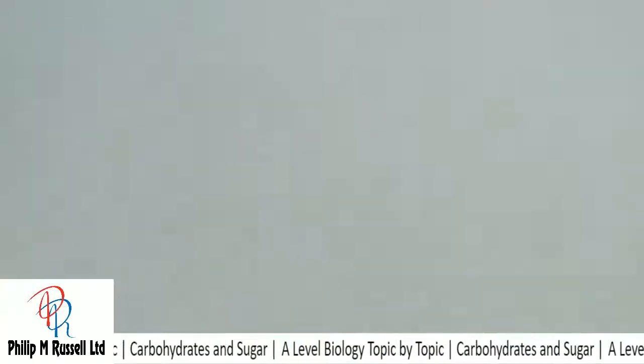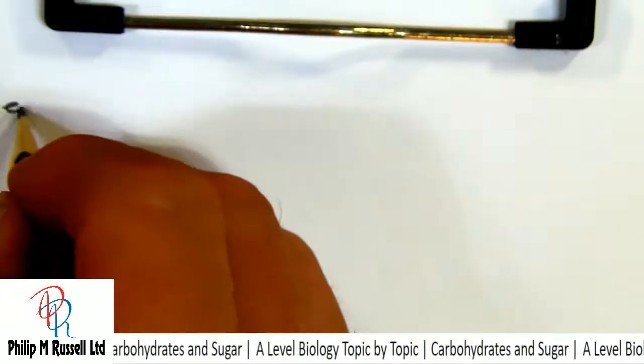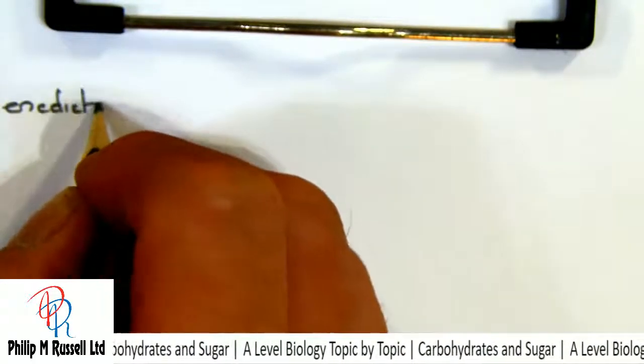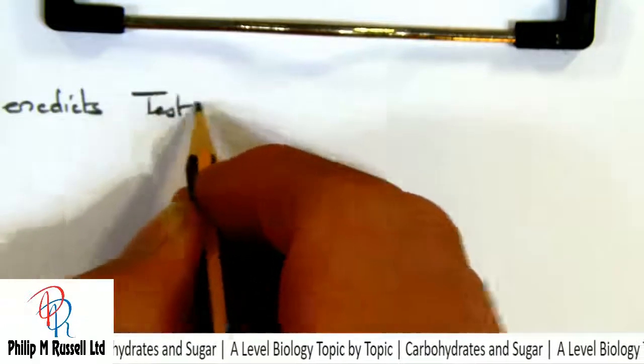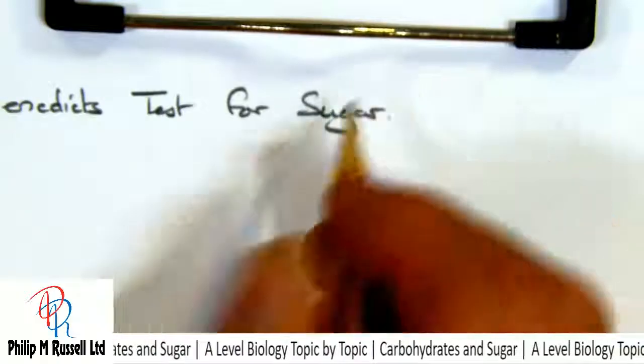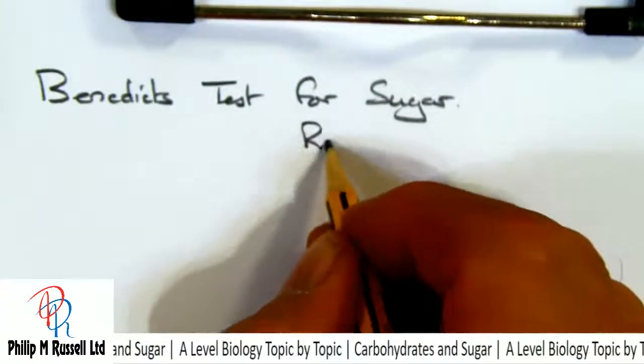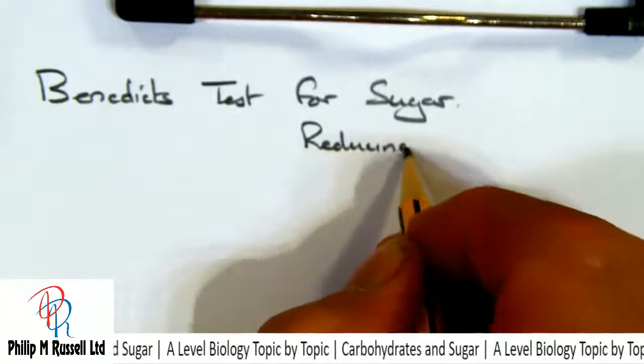So you ought to know a test for sugar. So our test for a sugar is Benedict's. And when it's a sugar here, I actually mean it's got to be a reducing sugar.